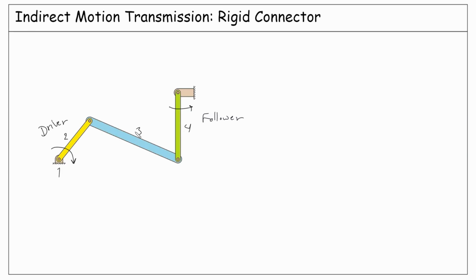They are connected via this rigid link. The motion is transmitted from link 2 to link 4 by means of link number 3. That's why link number 3 is called a coupler link. So this is an example of indirect motion transmission because it is via a rigid connector.